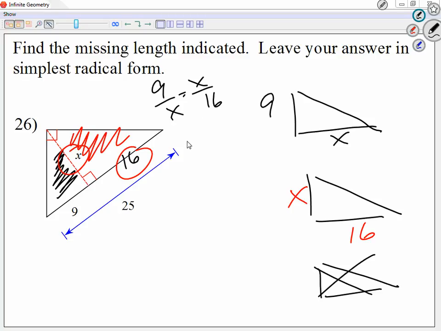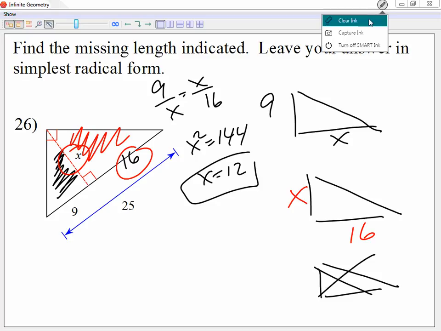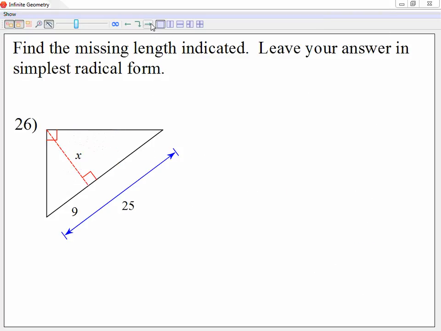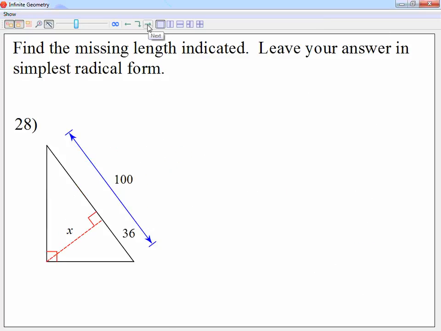Cross multiply, x squared is equal to 144. So x must be equal to 12. Are we good up until 28?